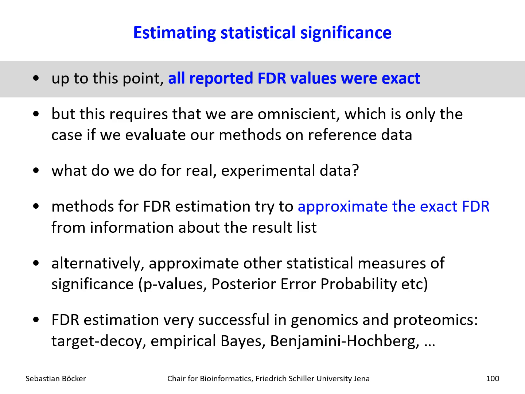So you could approximate FDR, you could also try to approximate other statistical measures like p-values, posterior error probabilities, etc. Actually, false discovery rates were very successful in proteomics and genomics because they can be nicely estimated without being omniscient. And there are all these target-decoy approaches in proteomics. There's empirical Bayes, there's Benjamini-Hochberg correction for p-values in genomics, and so on and so on.